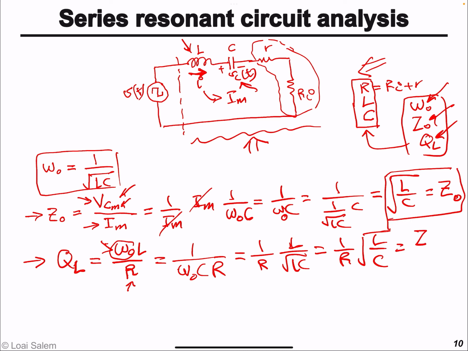So it's basically Z node, the ratio between the characteristic impedance and the resistance R. This is called the loaded quality.